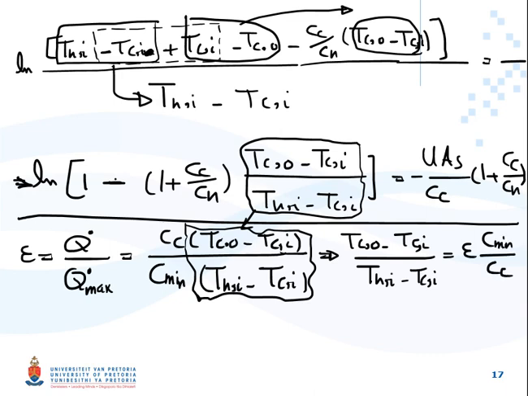So we just put it there, and epsilon for parallel flow here.